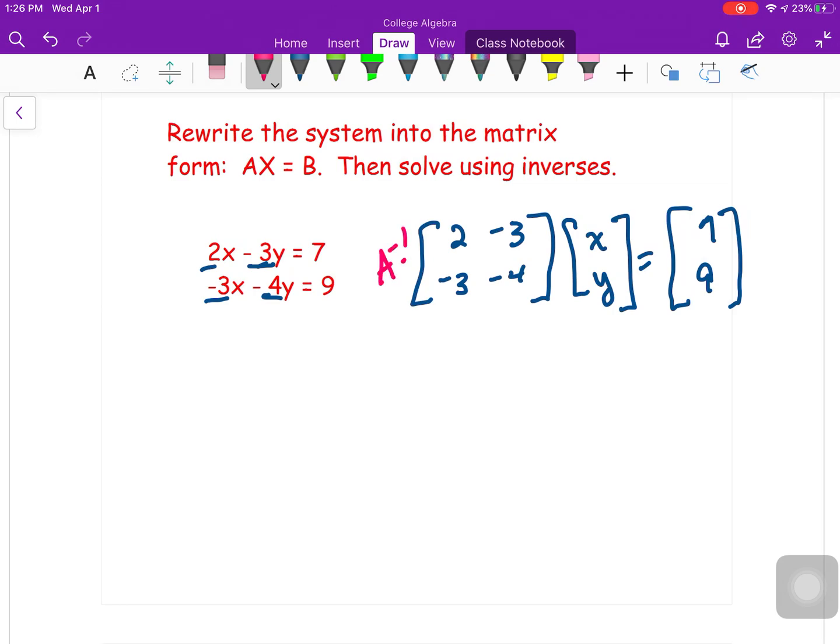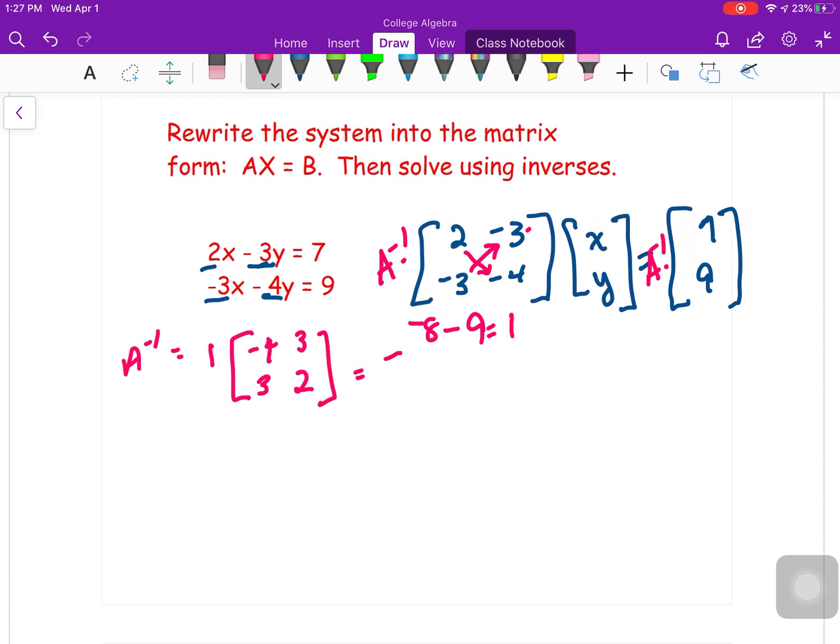So to solve this, I need to do A inverse in front. So this determinant, negative 8 minus 9, again, equals 1. So A inverse is the reciprocal of 1, which is 1, times this flipped, negative 4, 2. This negated, a 3 and a 3, gives me negative 4, 3, 3, 2.